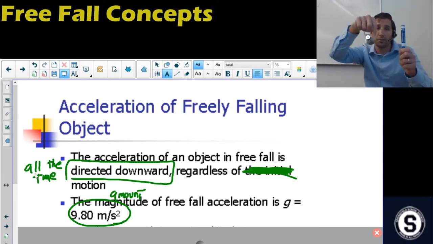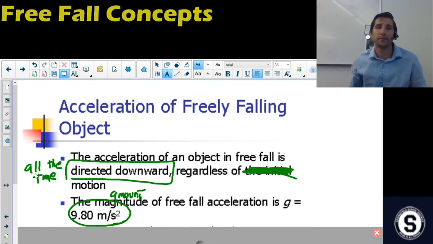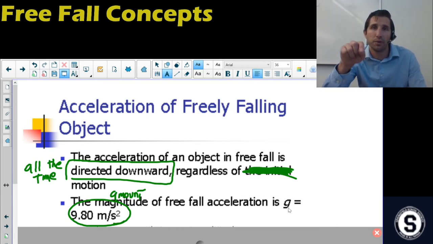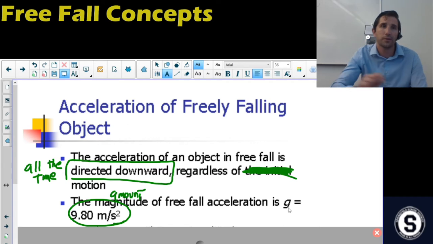The acceleration is going to be in this direction. And the magnitude of the acceleration is 9.8 meters per second squared. We use the symbol lowercase g here for the gravitational acceleration, so you're going to see that symbol a lot. When we write down that little g, we mean the acceleration due to gravity is 9.8 meters per second squared in a downwards direction.